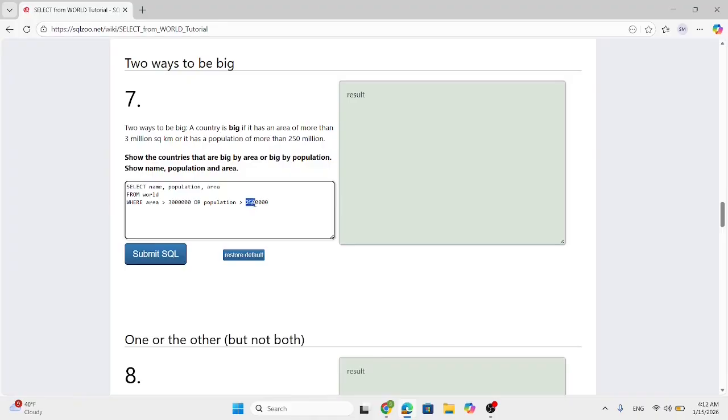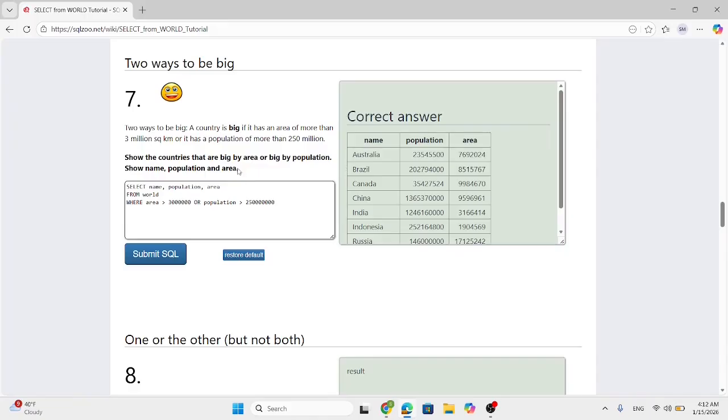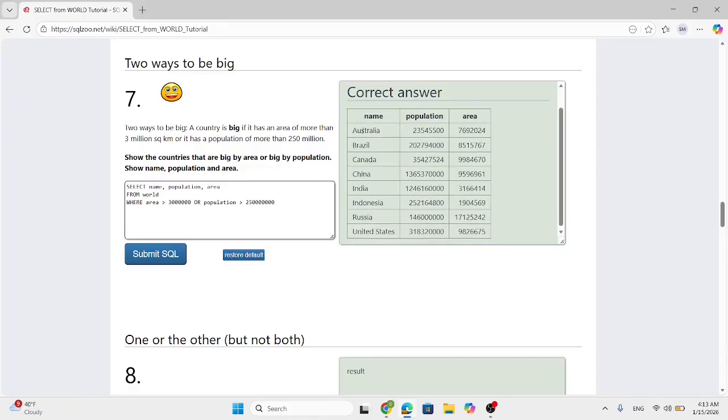How many zeros do we need to add? 2 more, I think. In this way, yeah, it's true, I think. Yeah, correct answer.